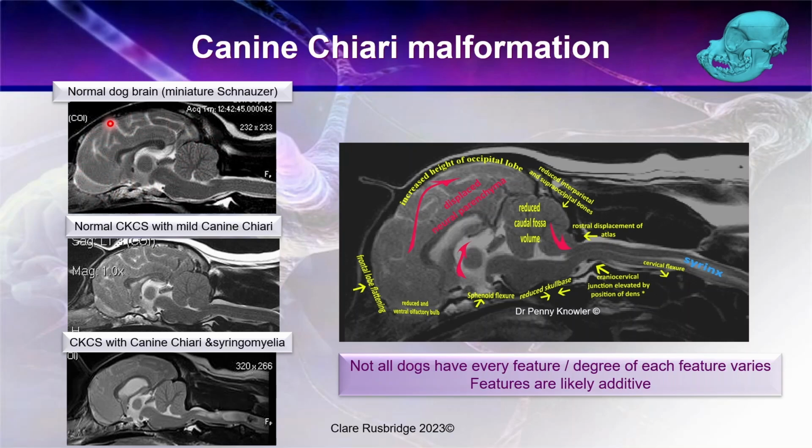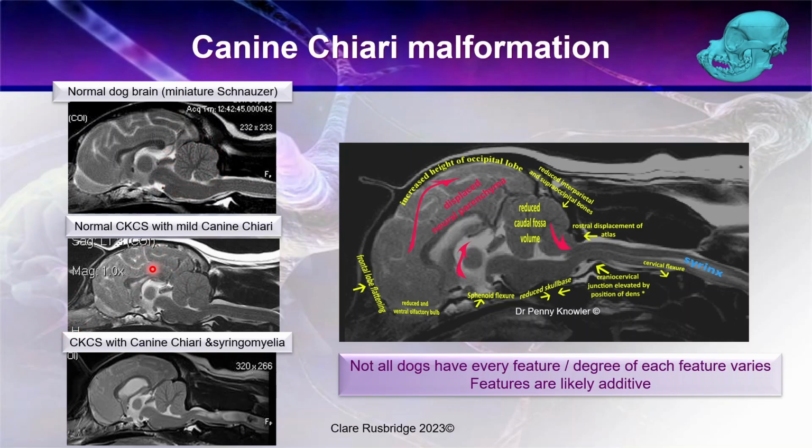We can see prominent sulci, which is the CSF between the folding of the brain, or the gyri, and we can see that the ventricular system is visible but not dilated. Between the brain stem and the spinal cord is more or less a straight line, just slightly curved, and the cerebellum has this kind of rounded shape.